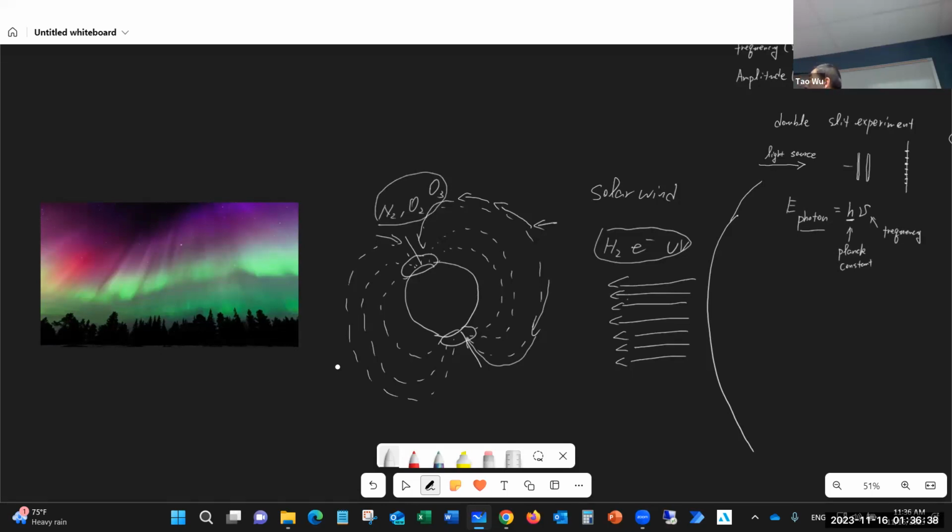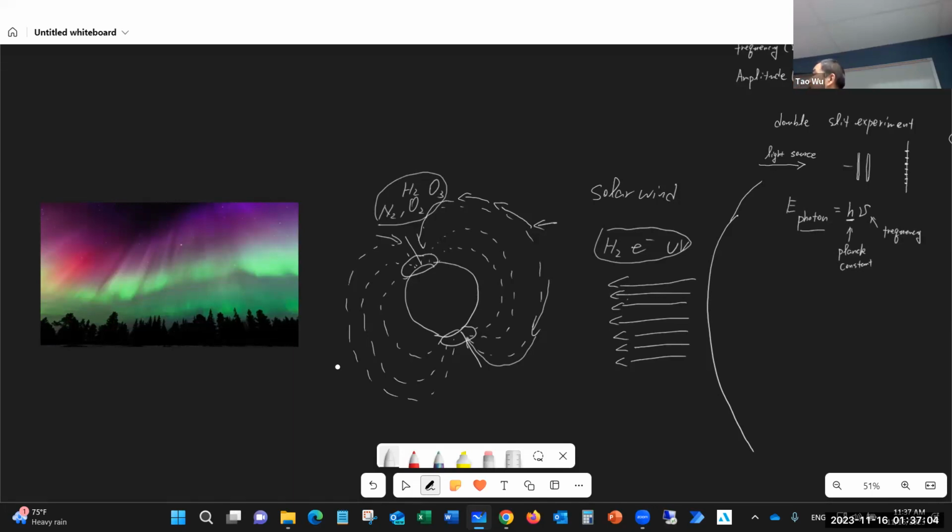Again, those are high energy particles. When they shoot those particles, what happens? They give energy to those particles, so they excite them. The electrons inside the nitrogen, the oxygen, ozone, and even hydrogen over there get excited. When those particles cool down, they emit light.